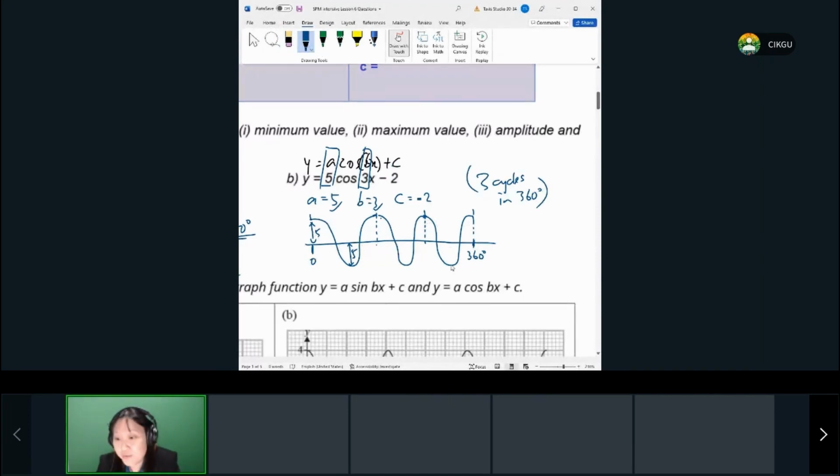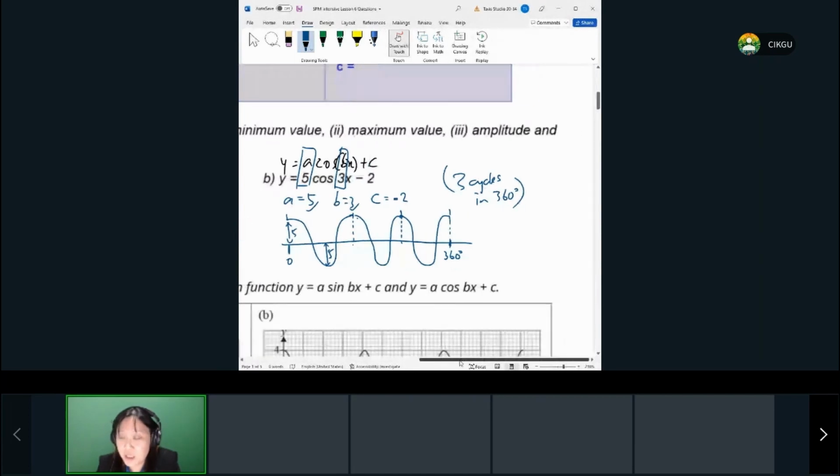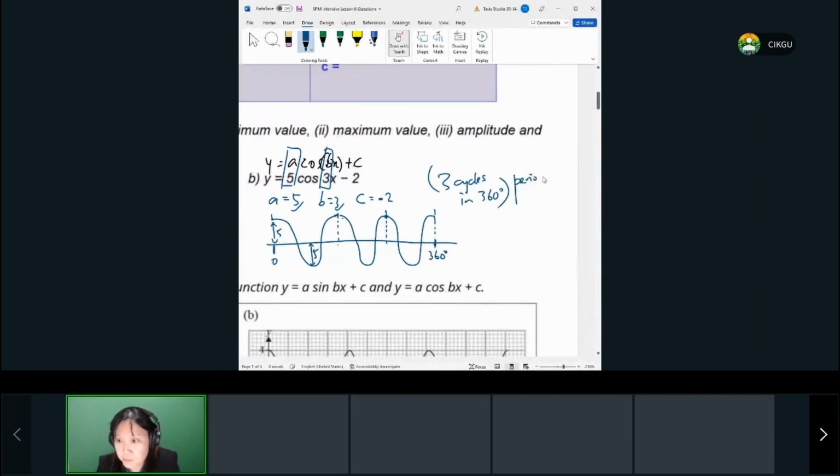If anybody asks you what the period of this graph is, since you fit 3 cycles in 360, period means I want 1 cycle, how long? This is the meaning of period. So logically, just take 360 degrees divided by how many cycles you fit in, which is 3.